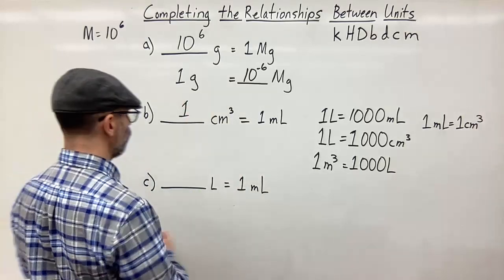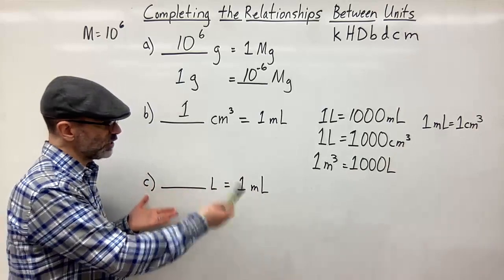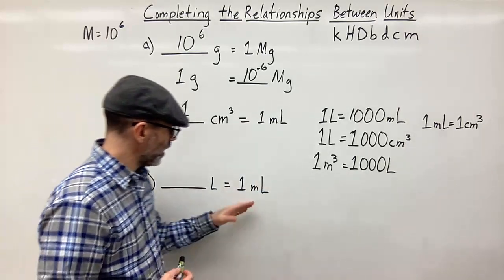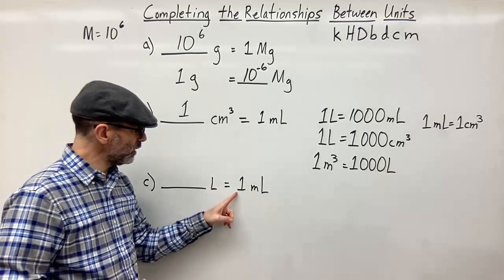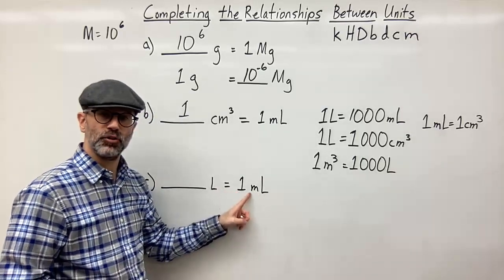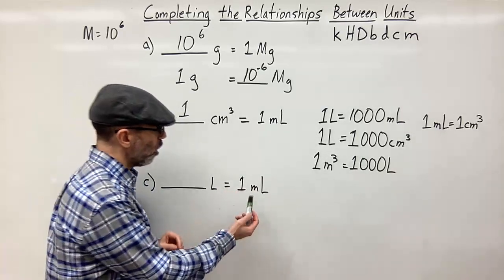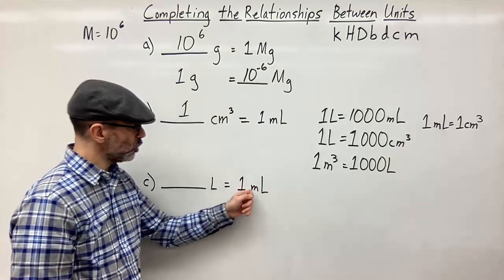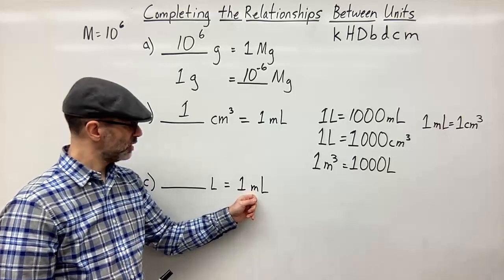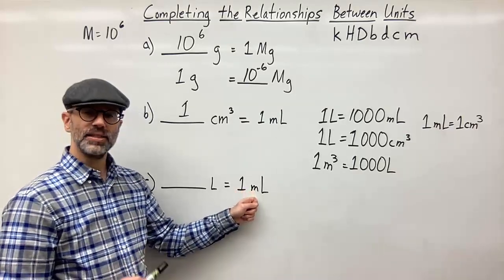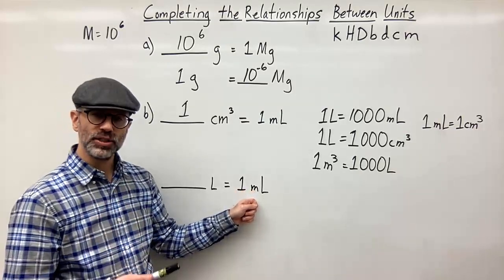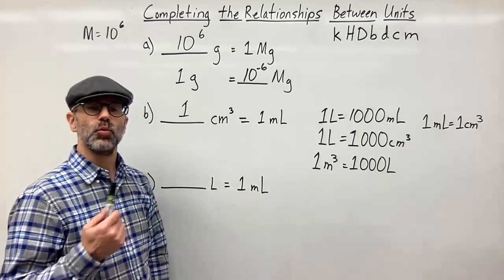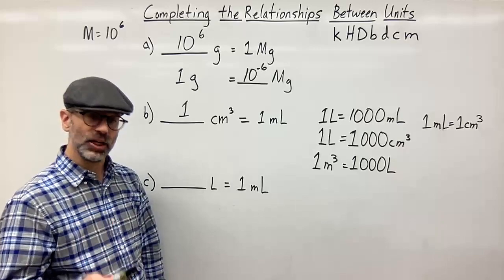Okay, now for this one, I just kind of gave it away. But notice here I have 1 with the prefix unit again. So all I need to do is know what milli stands for. So small m is milli, and milli stands for 1/1000th of whatever that unit is. So a milliliter is 1/1000th of a liter.